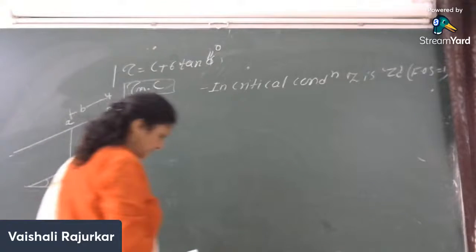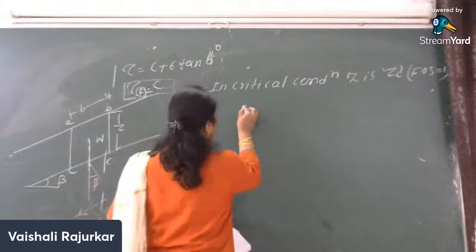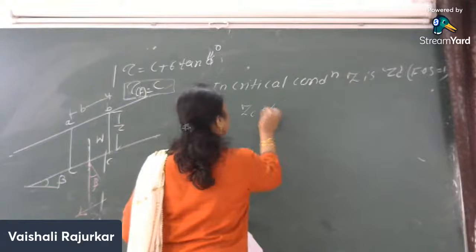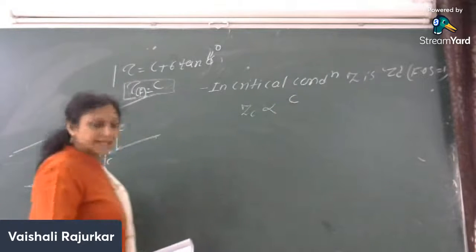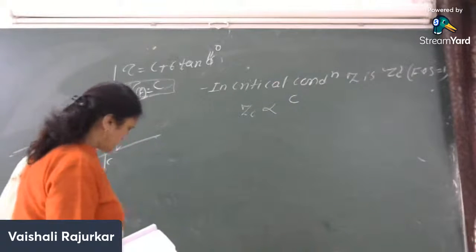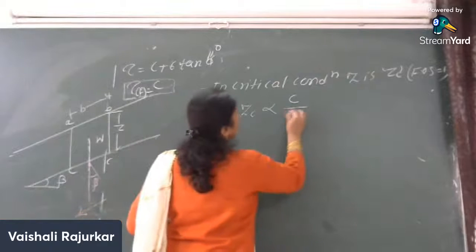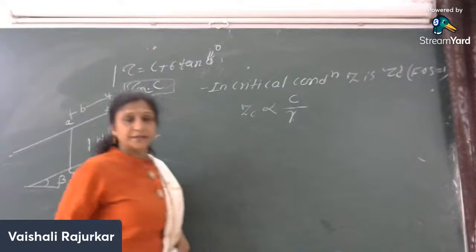In this case, ZC is directly proportional to cohesion and inversely proportional to the unit weight.